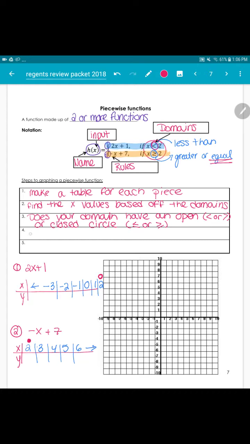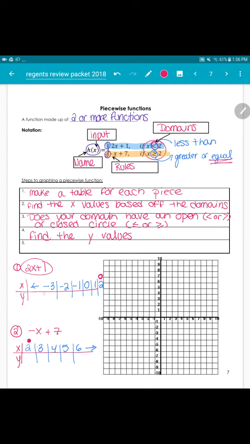So now we're going to find the y values. And I can do that by plugging in my calculator. In my table, I can type this into my table and just get the y values.